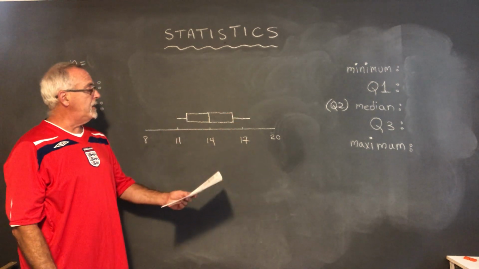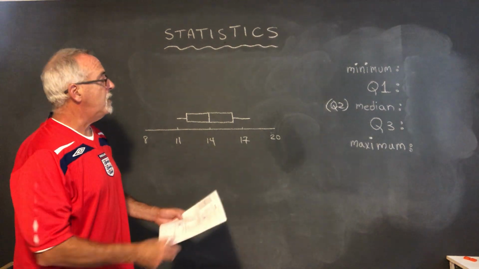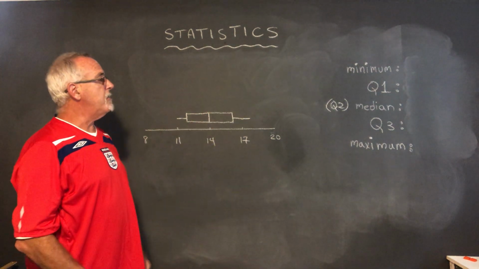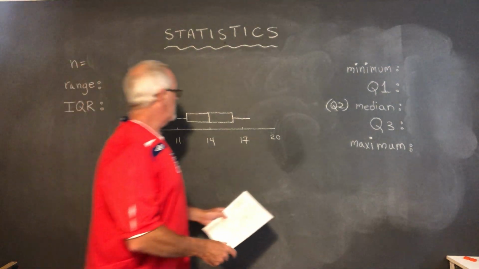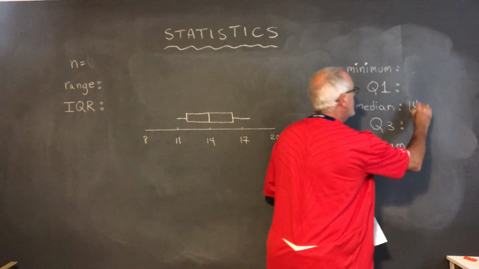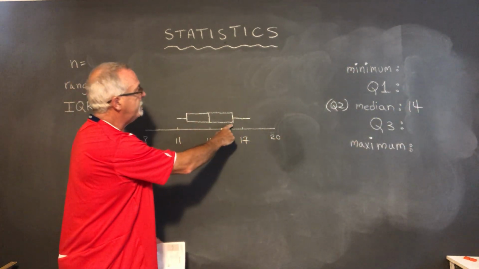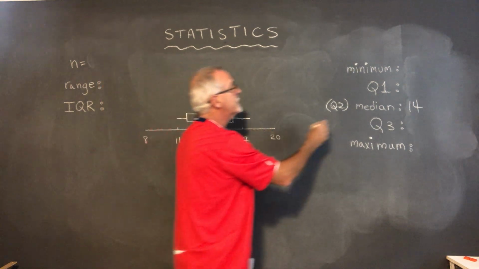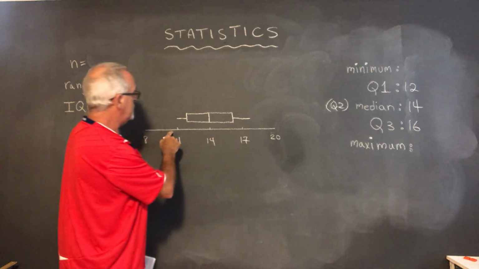We have a complete box and whisker plot, quartile diagram, box plot, and we can identify our minimum, our Q1, our Q2, our Q3, and our maximum. The Q2, the median is 14. There it is right there. The Q1 is going to be 12. The Q3 is going to be 16. The minimum is 11.